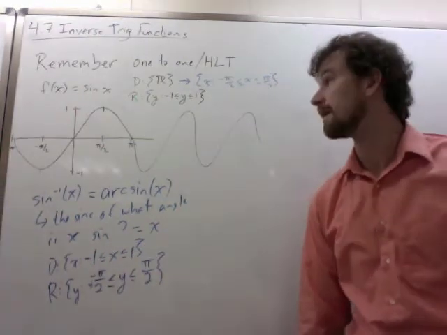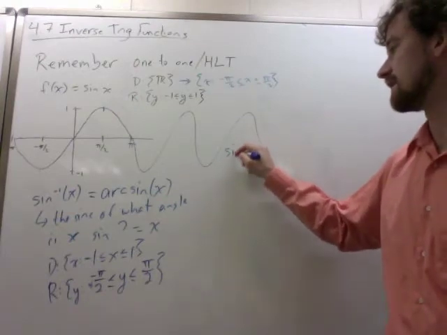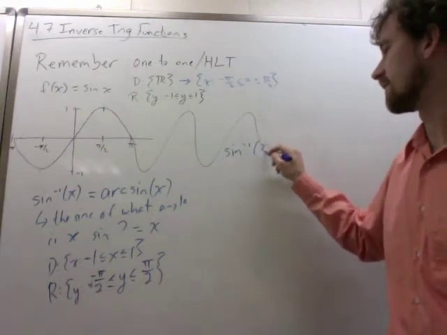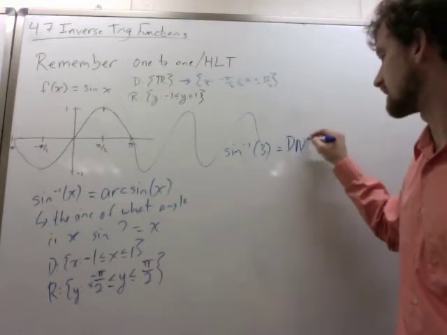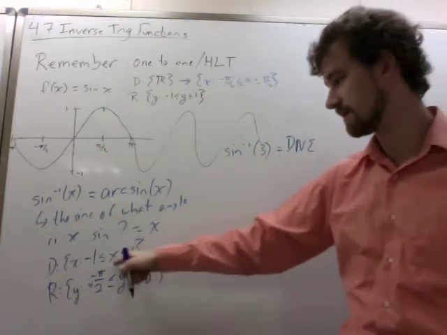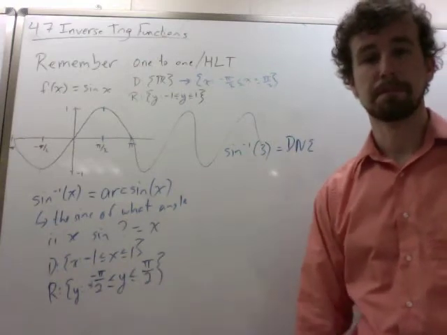So keep that domain in mind. If I ask you what is inverse sine of 3, well, you can say that does not exist, because 3 is not between -1 and 1.